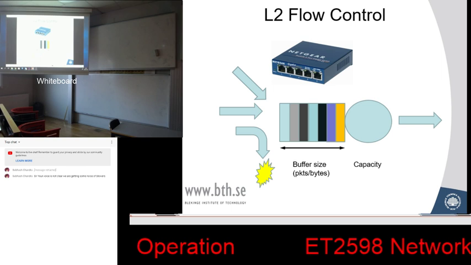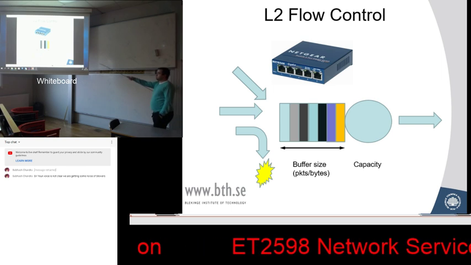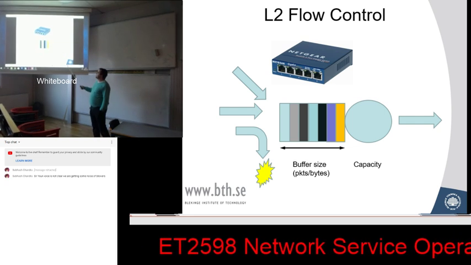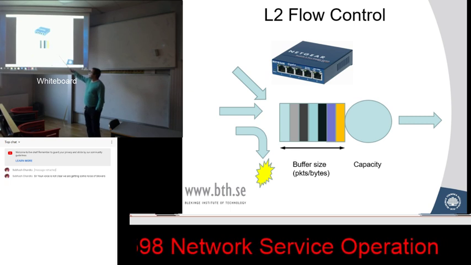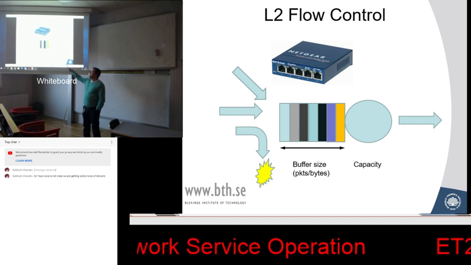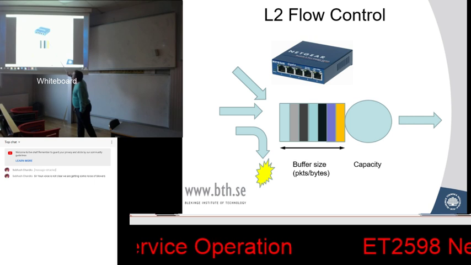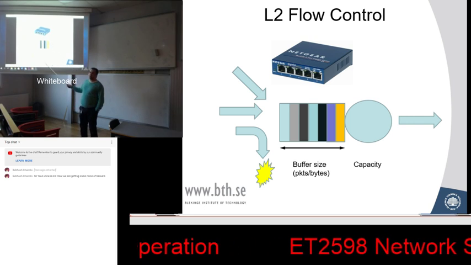Layer 2 flow control. Now, in a simple switch, like this small desktop one here, we have a finite amount of capacity on a port. Let's say this is the out port. That's a gigabit port, so it can do a gigabit out.